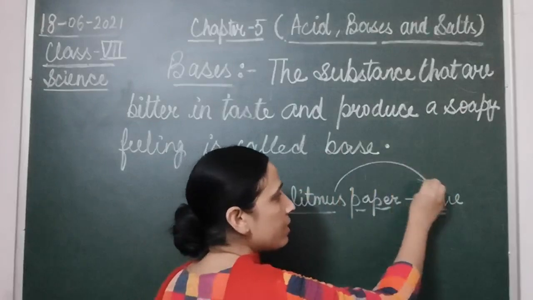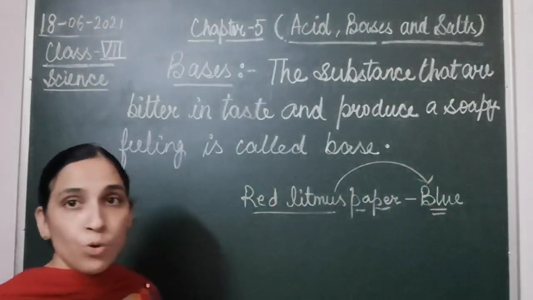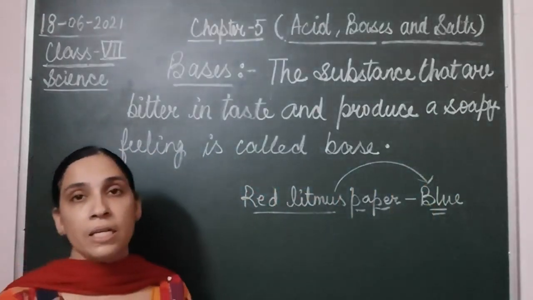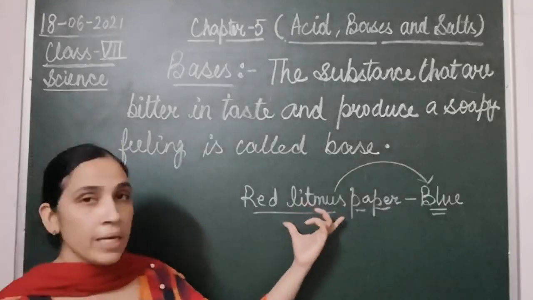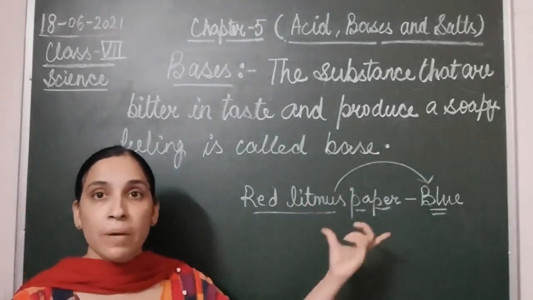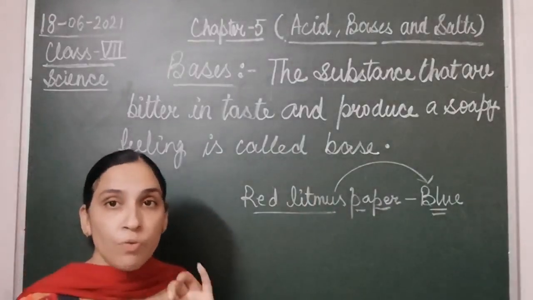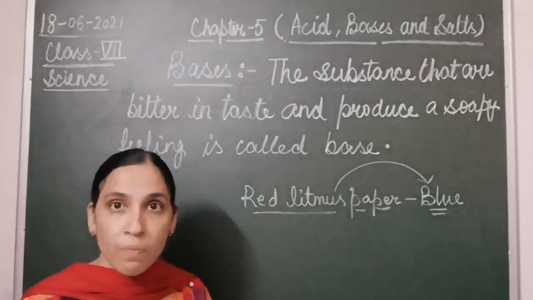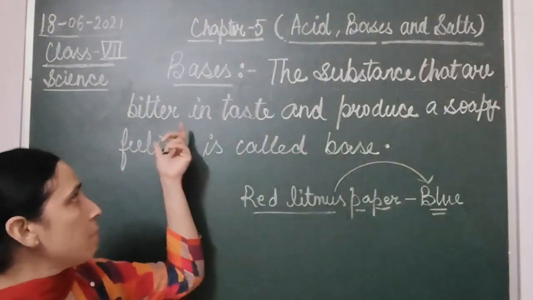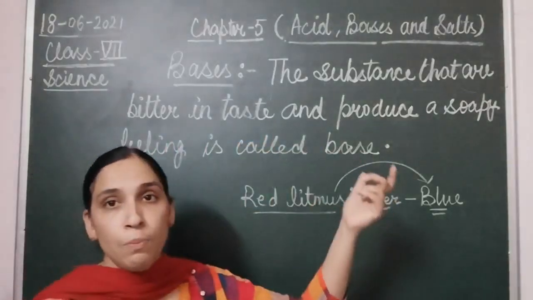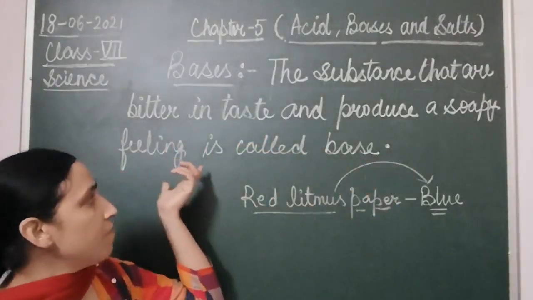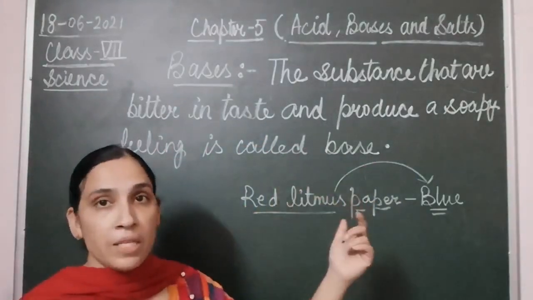When the color turns blue, it shows that the particular material you have put on the red litmus paper is basic in nature, and it will be considered a base. So the definition of base: the substances that are bitter in taste and produce a soapy feeling are called bases.